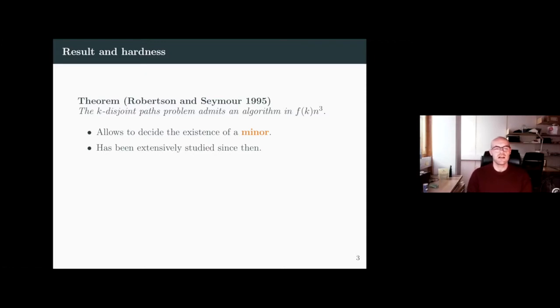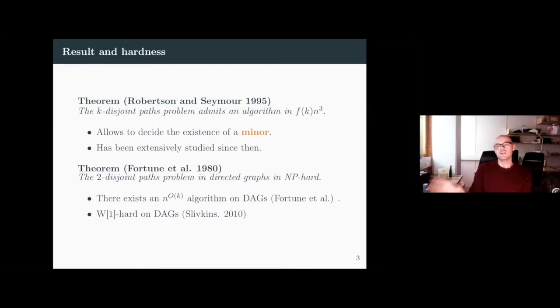And since then, it has been extensively studied, to get a better algorithm, to understand it a bit better, to get better complexity and other stuff like that. So this is for the undirected case. It's pretty well understood, and it's a pretty nice result. Before going to the problem that we're interested in, let me just mention the directed version of this problem.